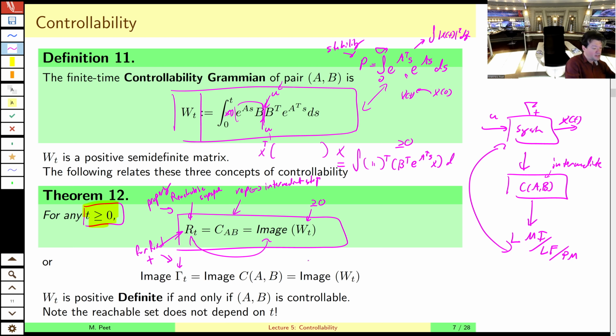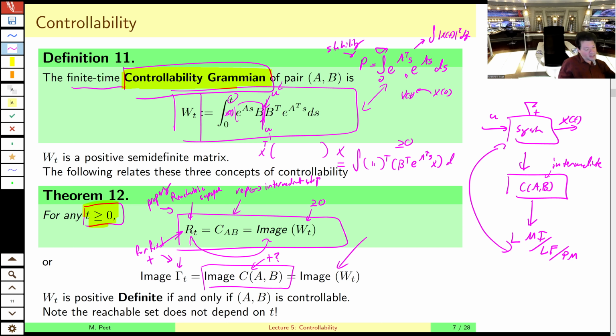And this Grammian, the controllability Grammian, this is the finite-time controllability Grammian. I don't really emphasize the controllability Grammian part here, but it's a finite integral, so these are related. This is defined for finite time, this is defined for finite time. But this is not. T doesn't appear in the image of this matrix, and that's why it's so important.